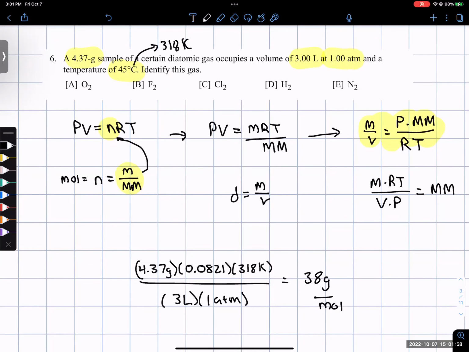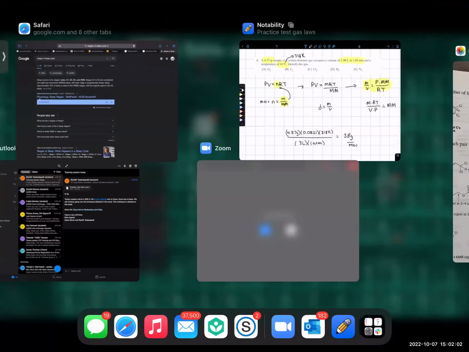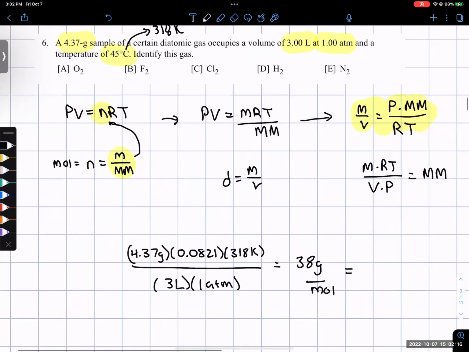So let's see, what is the molar mass of argon? It's 39.948. It's close to 38, but you have to look at the answer choices, and we know each fluorine has a molar mass of 19. So F2 has a molar mass of 38, right? So F2 is the unknown gas. Does that make sense, Maria?